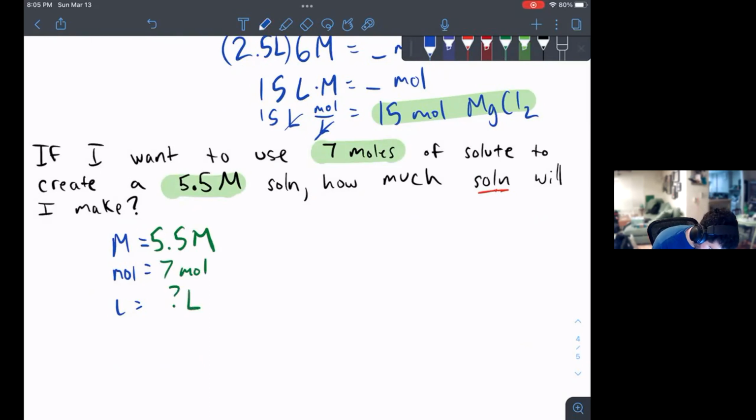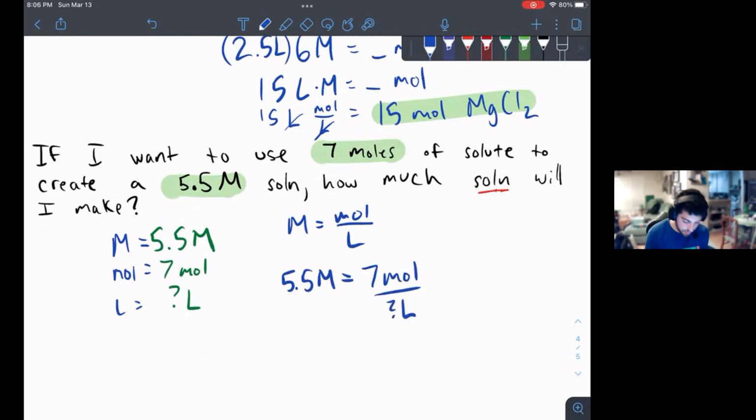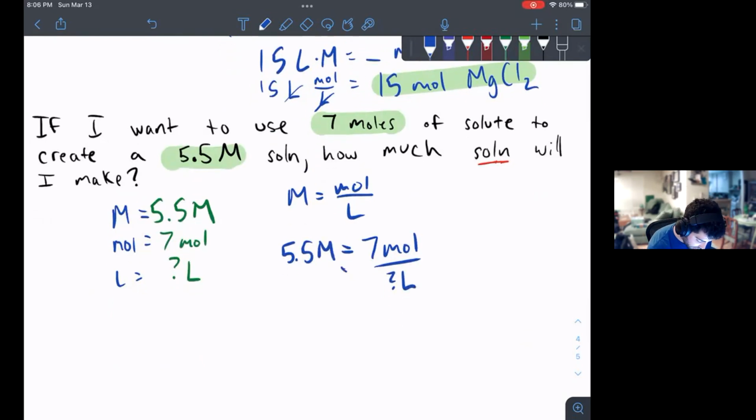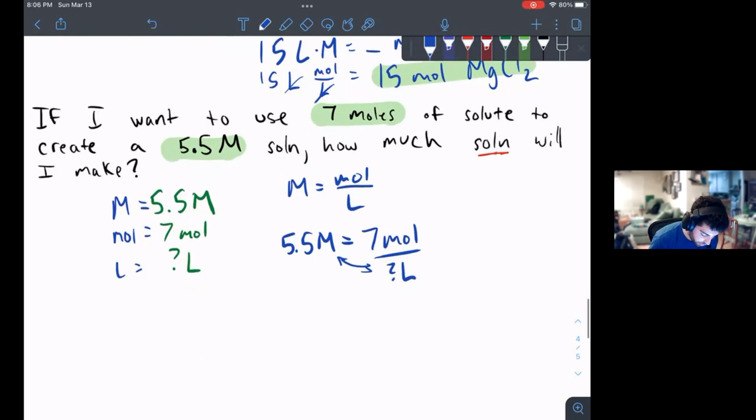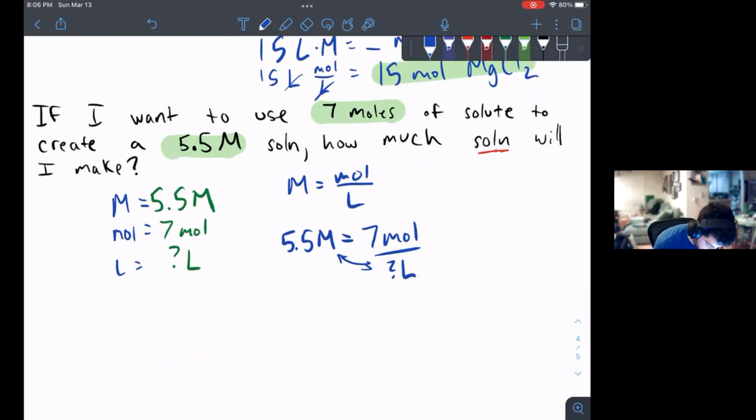So we'll just fill this in as molarity equals mole over liter. 5.5 molar equals 7 moles over some unknown liters. The really fun thing about algebra is that we can take some shortcuts. Right here, we can just swap these two. The real thing is we'll divide liter on both sides and then flip and do some inverse, but the best way is just swap those two.